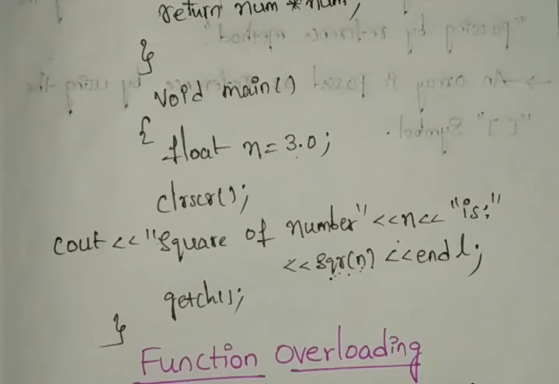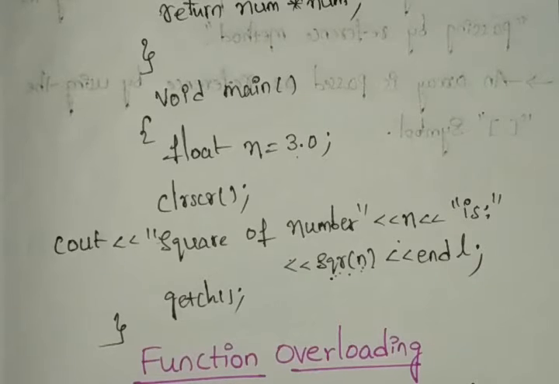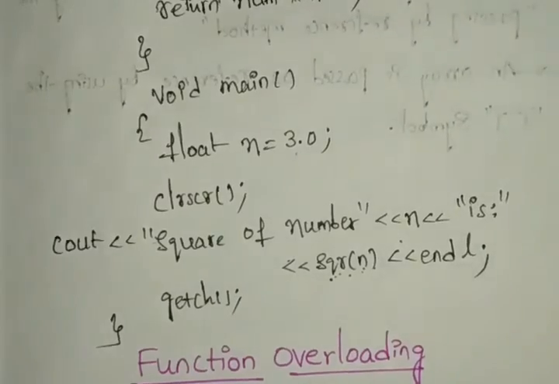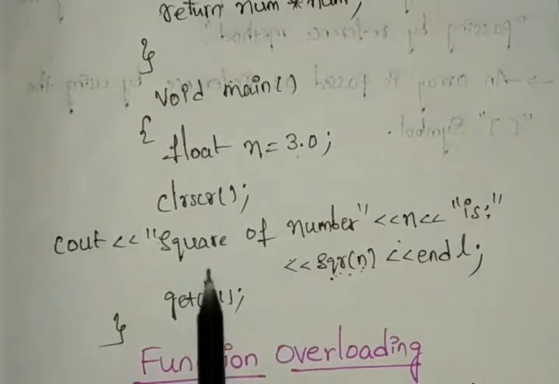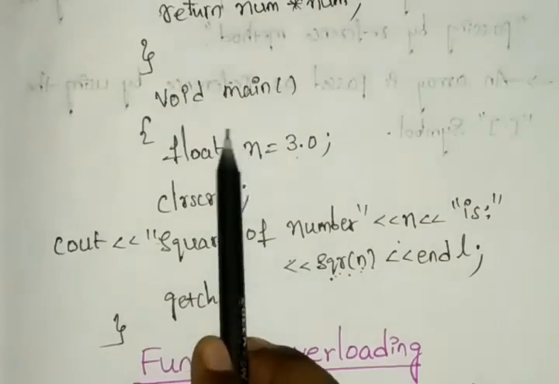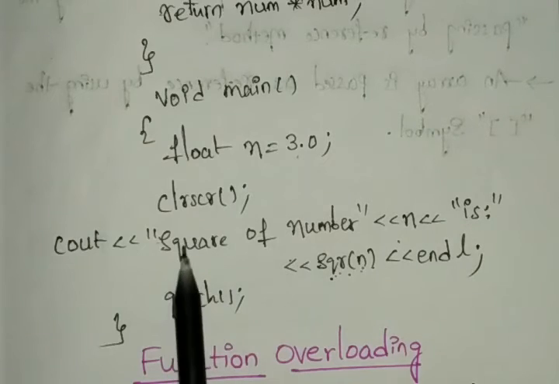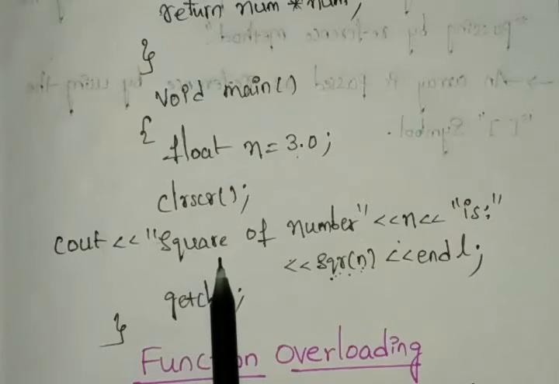So in this we took the function name square. We need to find the square for that. We wrote num into num, right? That is like our n square type. For that case we started our main function. In the main function, whatever we write is what is executed, right?